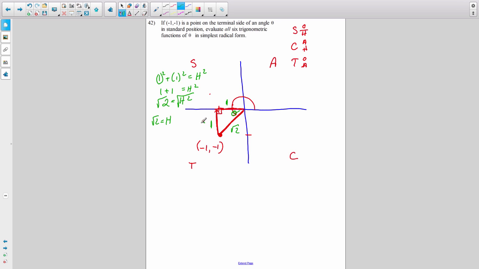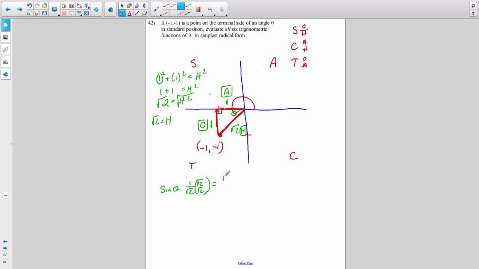So this becomes opposite, adjacent, and hypotenuse. So what is the sine? Opposite over hypotenuse. 1 over radical 2. I don't like that. I need to rationalize.